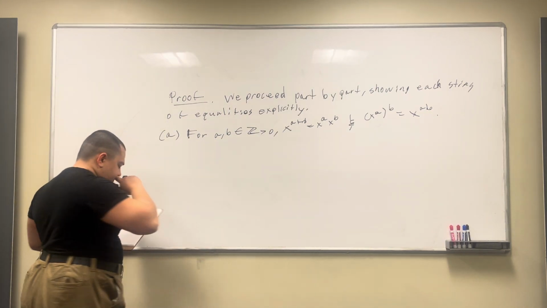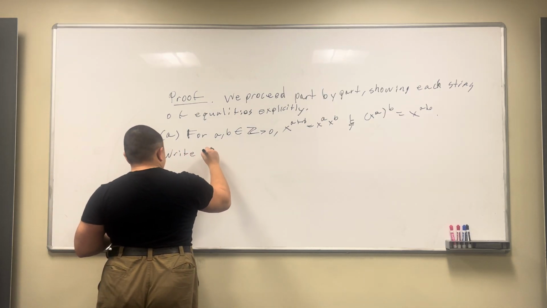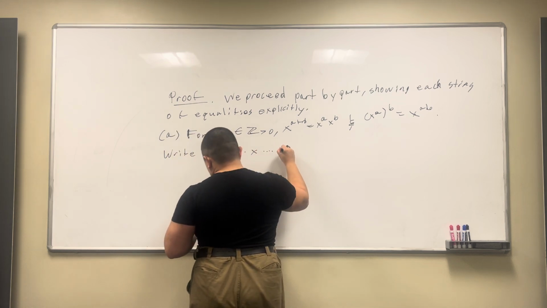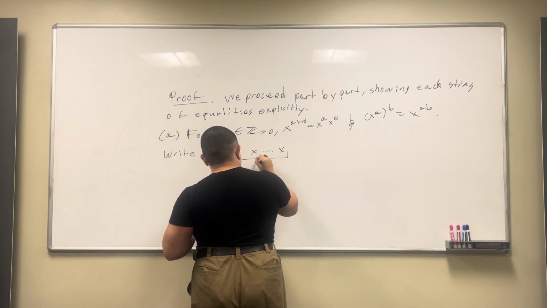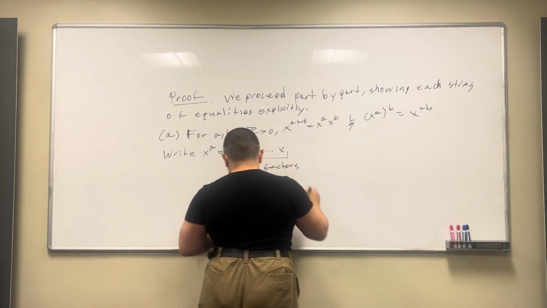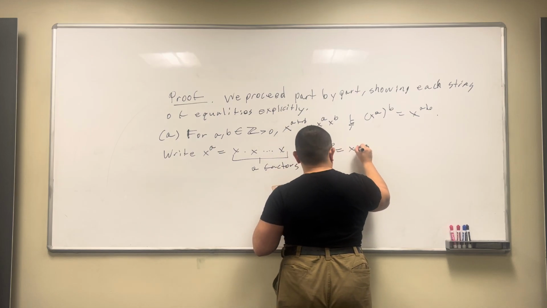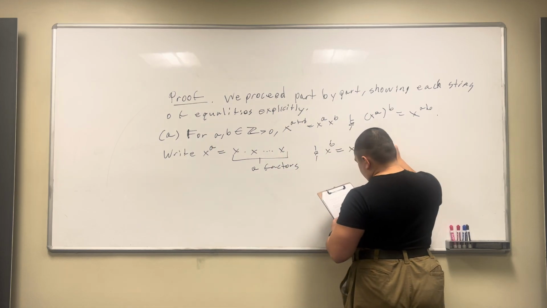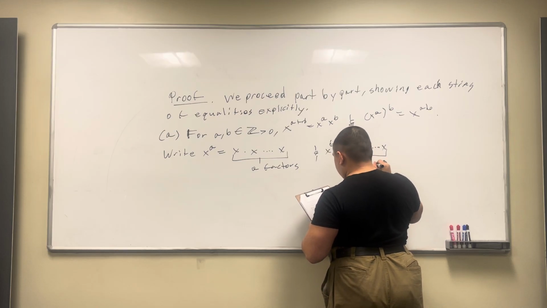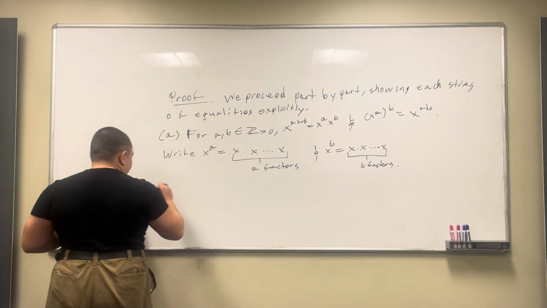So let's write x to the power a is equal to x times x and on and on until we run out of a factors. And x to the b is equal to x times all the way up until we run out of b factors. What can we say then?